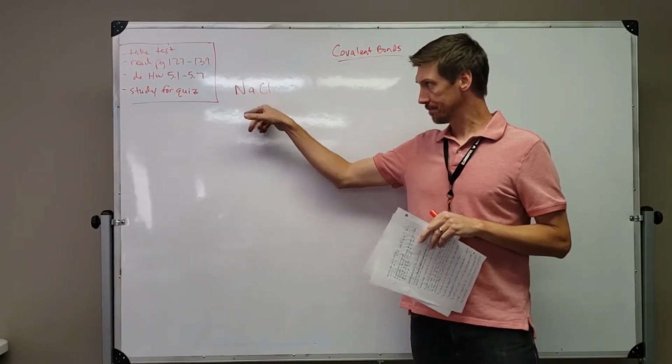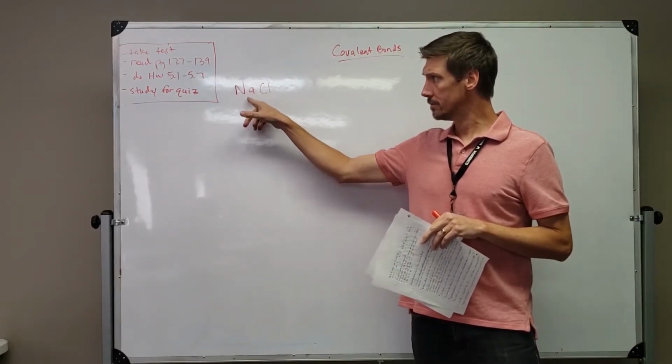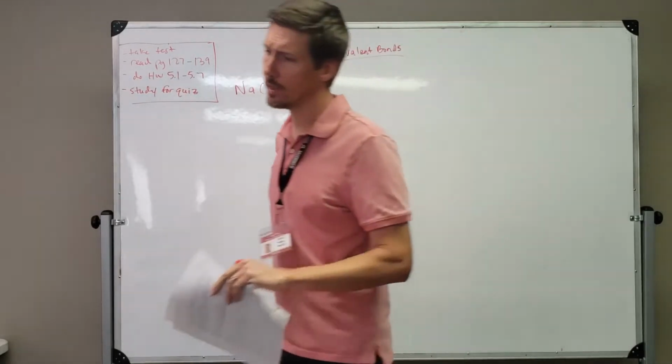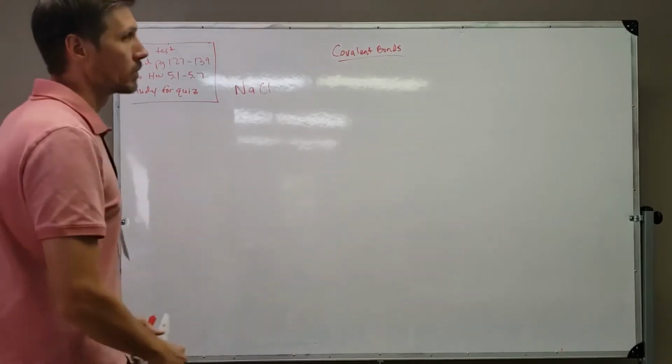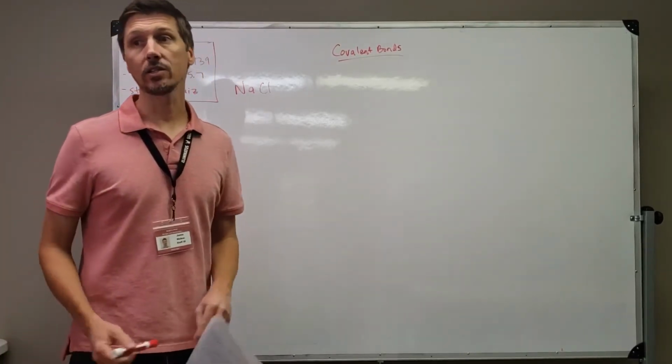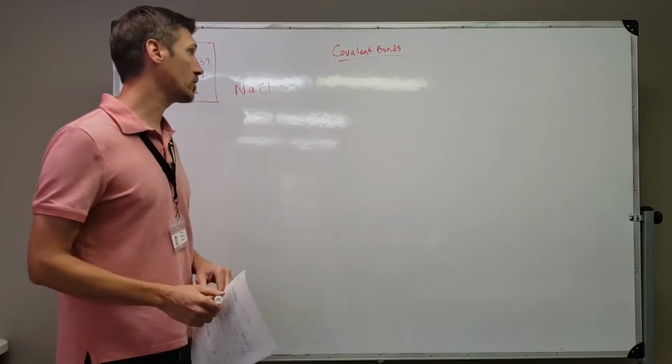So basically, Na is in which column in your periodic table? Column 1A. So Na has how many valence electrons? 1, because it's in column 1A. Cl is in which column? Column 7A, so it has seven valence electrons.